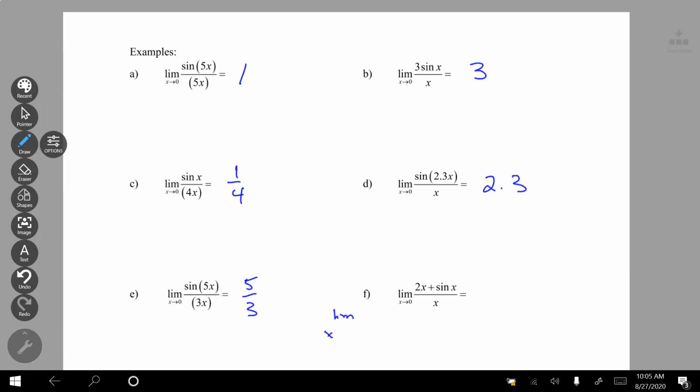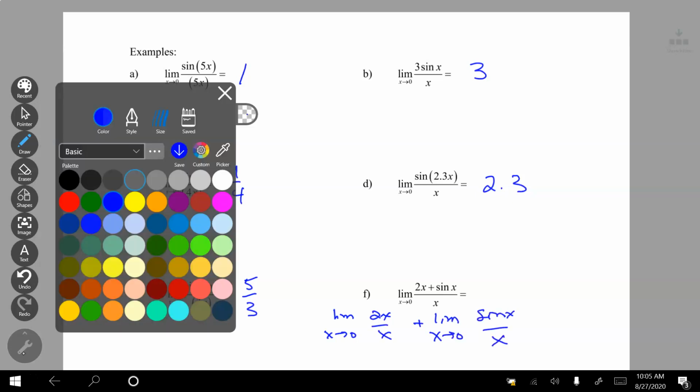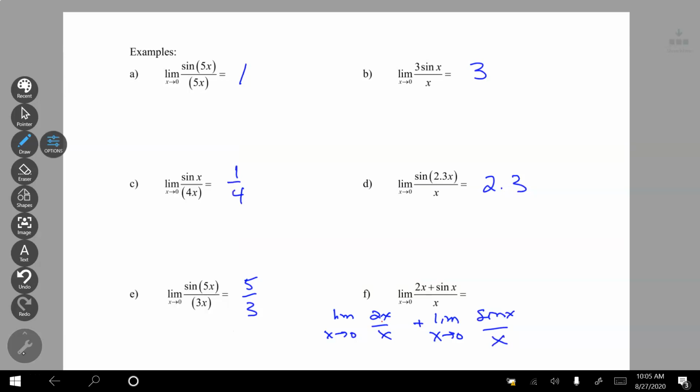The limit as x goes to 0 of 2x over x plus the limit as x goes to 0 of sine of x over x, and, well, these x's cancel, so I have 2 plus, we talked about this for the last 5 or 10 minutes, sine of x over x, that limit is 1, so this whole limit is 3.